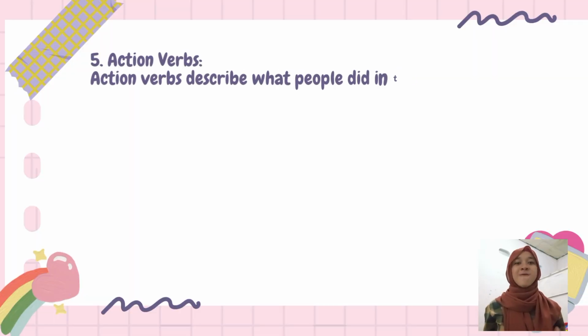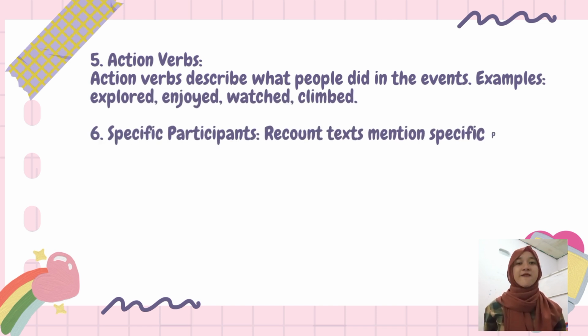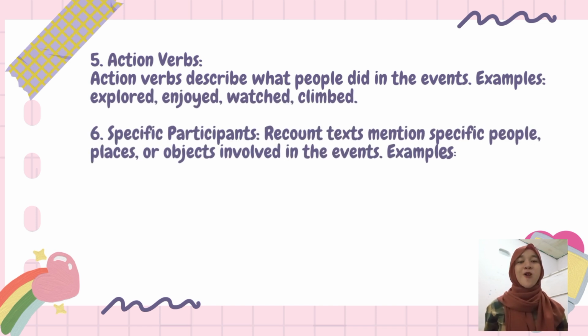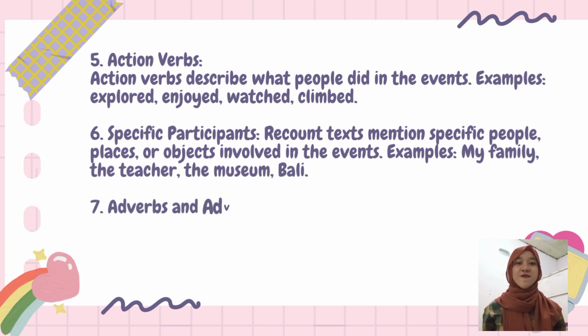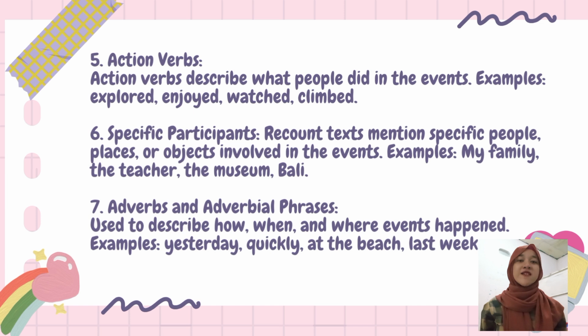Next is action verbs. Action verbs describe what people did in the events. Examples: explored, enjoyed, watched, and climbed. And then the sixth one is specific participants. Recount texts mention specific people, places, or objects involved in the events.